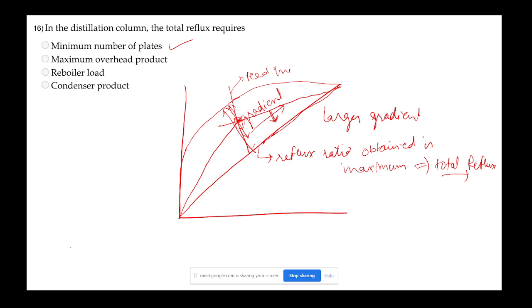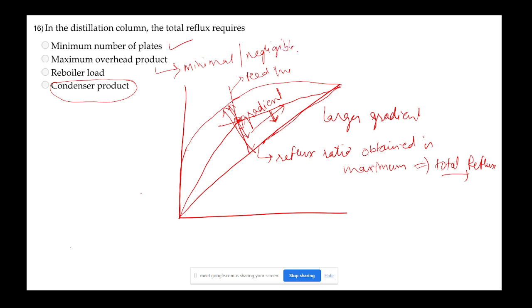Now if you look into the actual scenario, since you are recycling all the product and you are not taking out anything, the load on the reflux condenser and the reboiler load and everything will change. In that case the load on the condenser will increase. Also, the overhead product will be minimal, or you are not recovering any product, minimal or negligible.